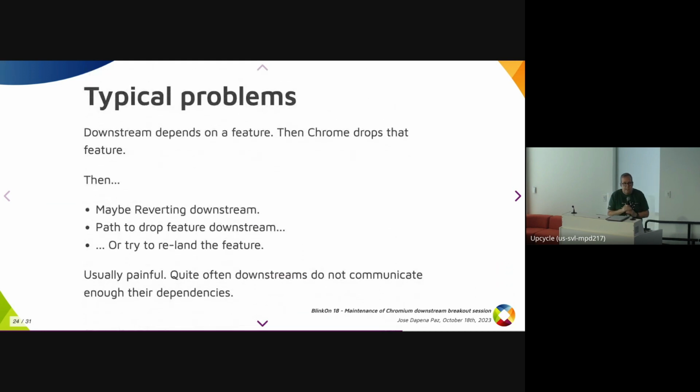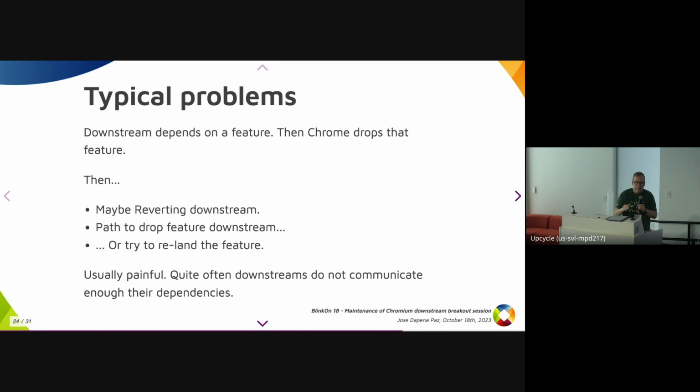Okay, and this is the thing I talked about before. You have a feature, and then Chrome drops that feature. What happens? In downstreams, you have several strategies. One is reverting the commits that drop that feature and keep maintaining it downstream.